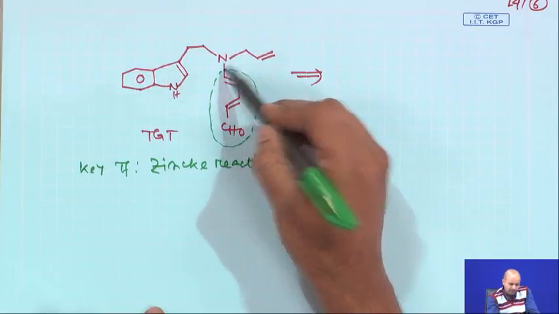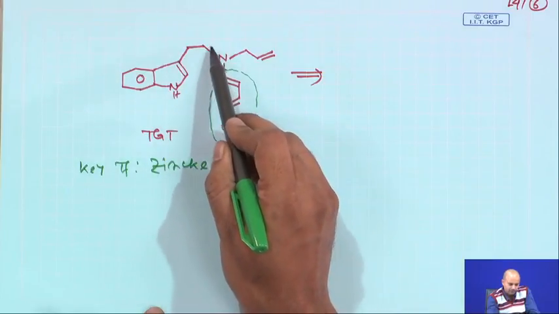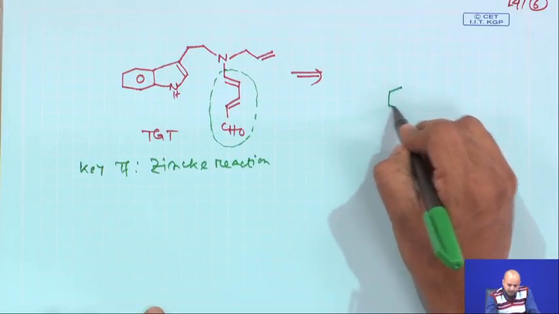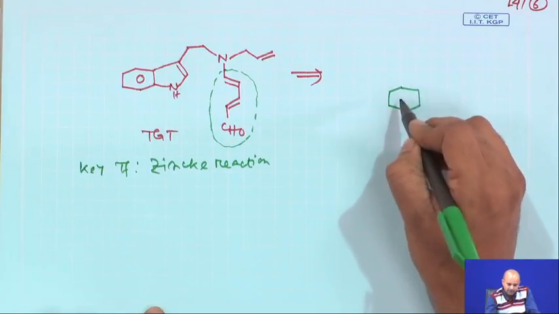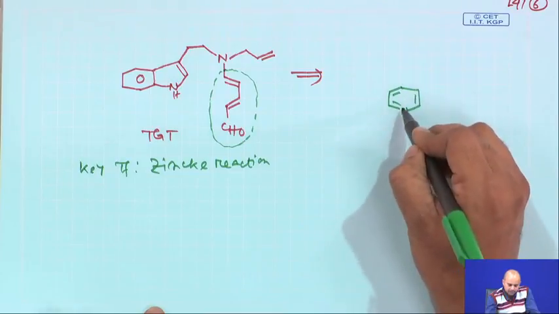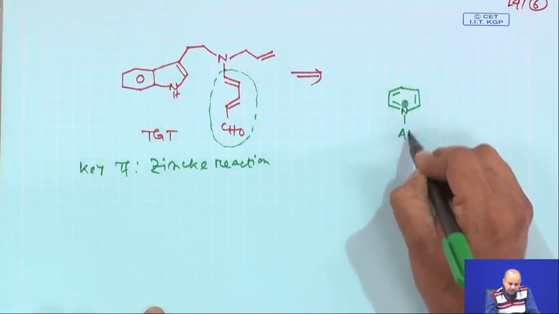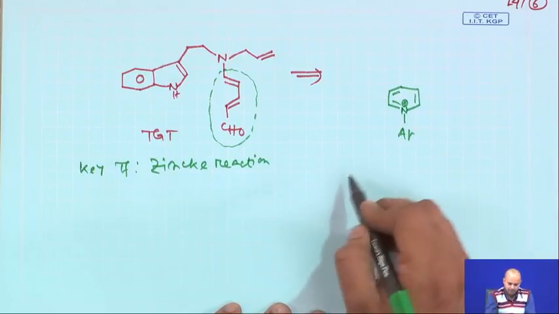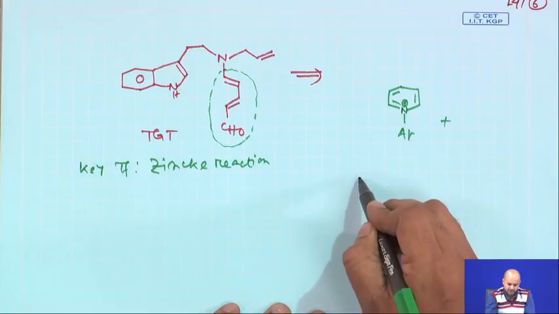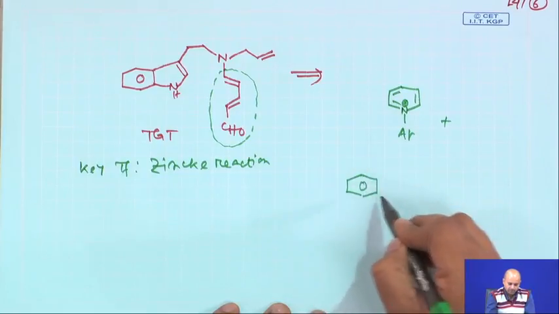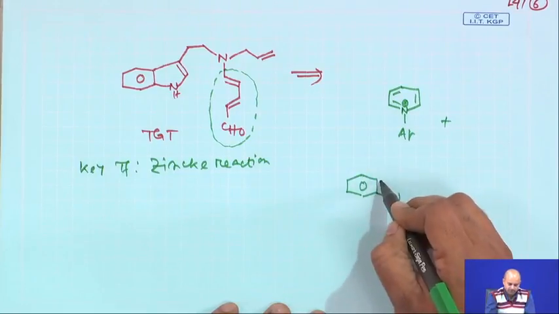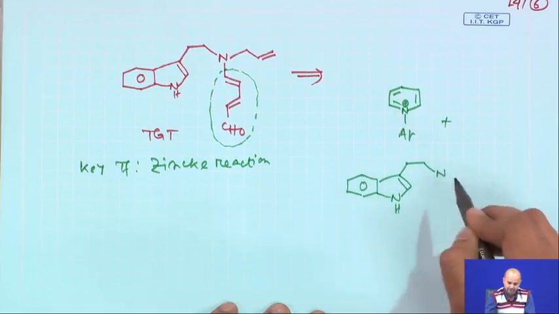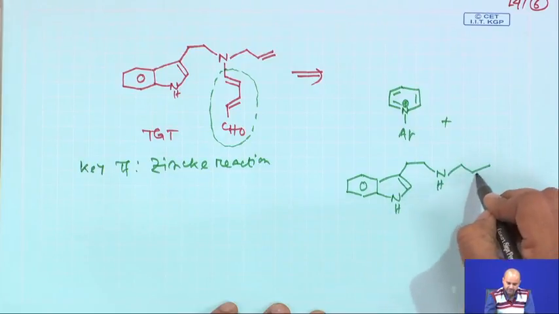So, what do you need? You need 2 amines. This is one part of the amine, this is another part of the amine. Now you formulate how you can do this reaction. If you have this particular pyridinium species as a starting material, what amines do you need? You need this indole based diamine, CH2 NH, and this allyl.